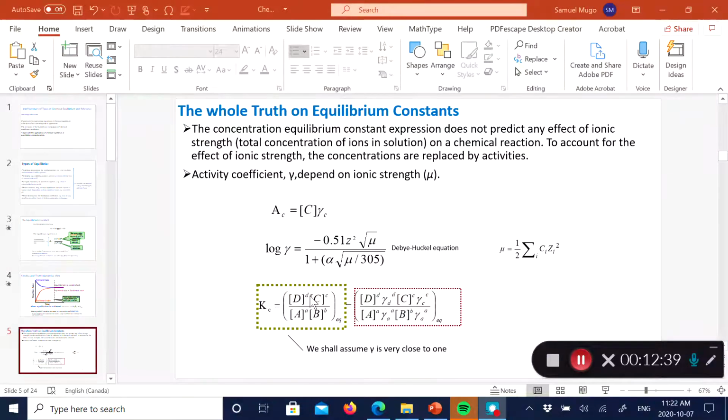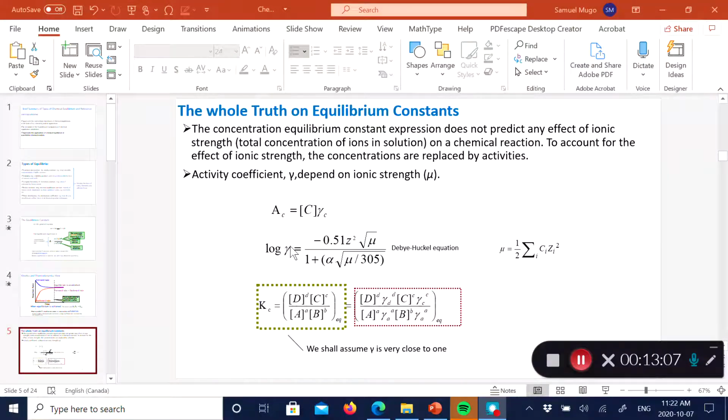And that's why we make this approximation. However, in some cases, depending on the ionic strength of that solution, the K might be fairly different. So take note of that. The K that we often calculate based on the concentrations is often an approximation where we assume that the activity coefficients are fairly close to 1.